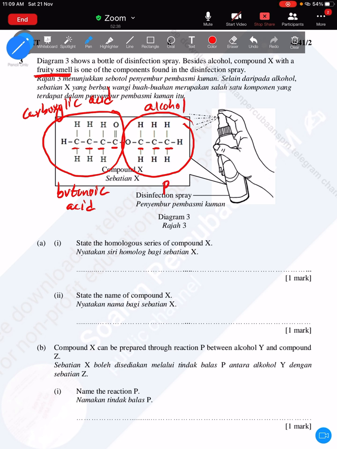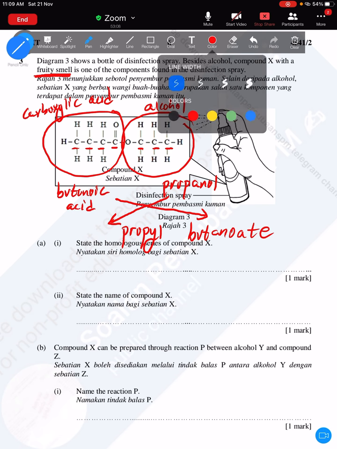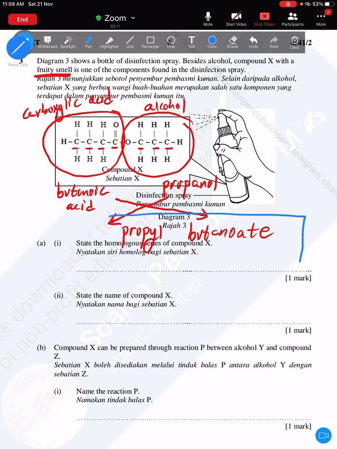This is your propanol. Guys, in order to name the ester, you must give the alcohol first, followed by the acid name. Propanol will change the name to propyl, and butanoic acid will change the name to butanoate. Therefore, the name of this ester will be propyl butanoate.